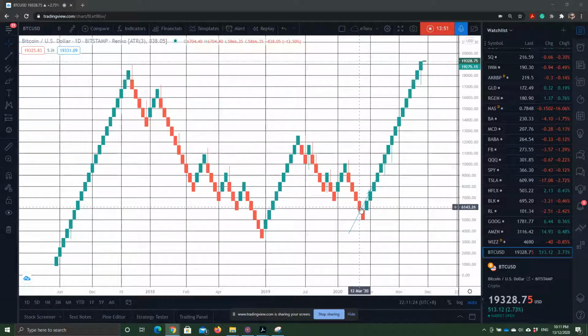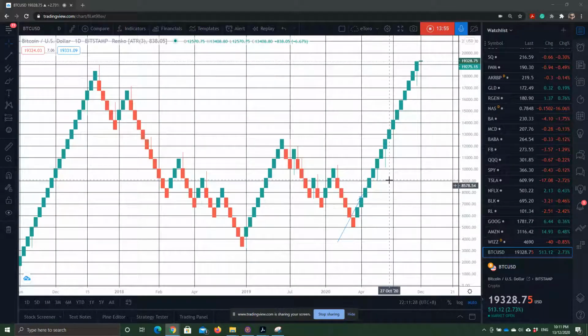A brick can be any price size. You can have a brick size from 10 cents, 50 cents, or $5 or $10. So this is called brick size.